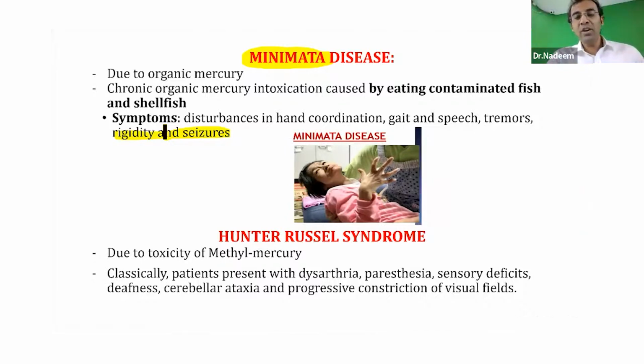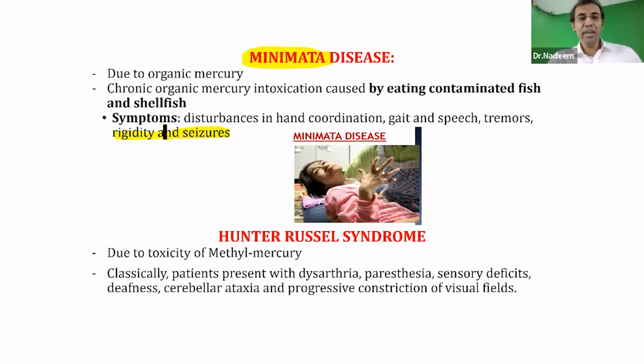In the beginning, doctors were not able to understand the root cause. After that, they saw that all the patients who were coming there were from the same population. They all were exposed to contaminated water and fish.